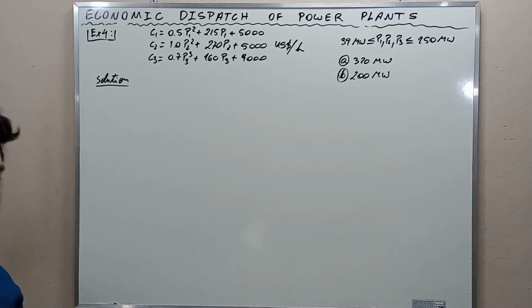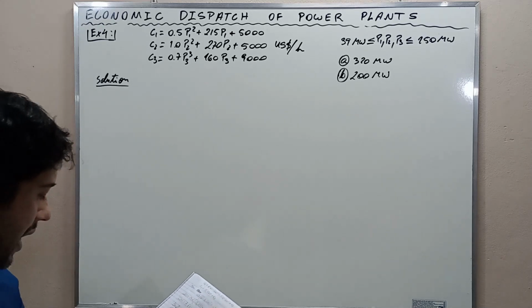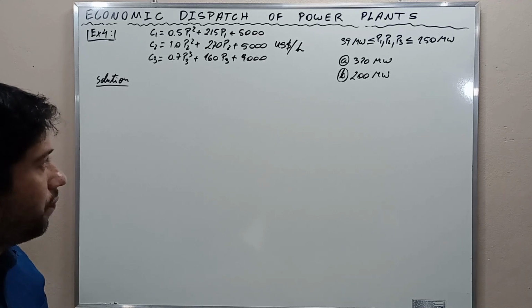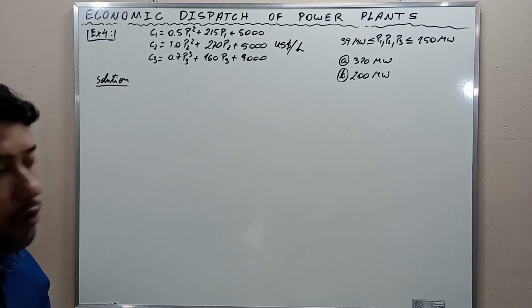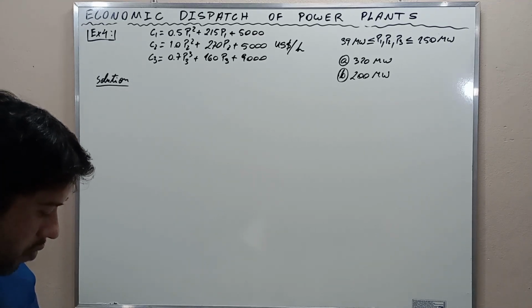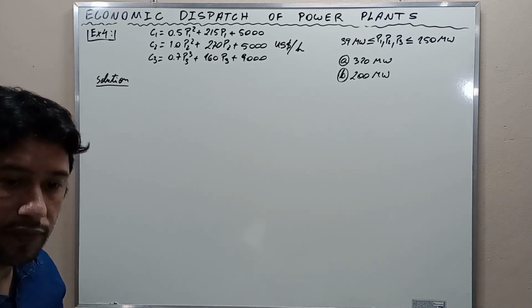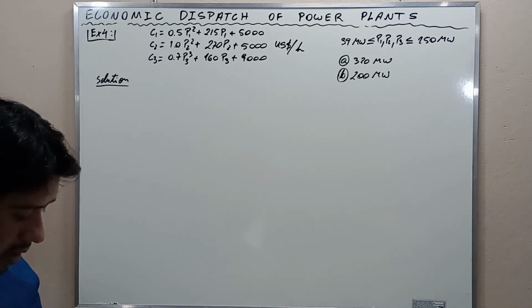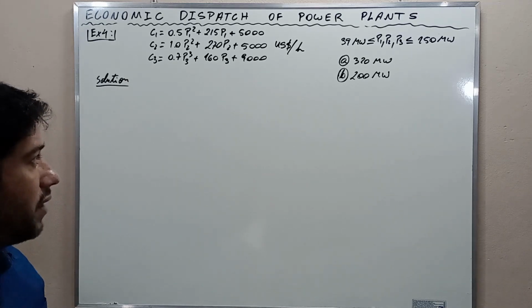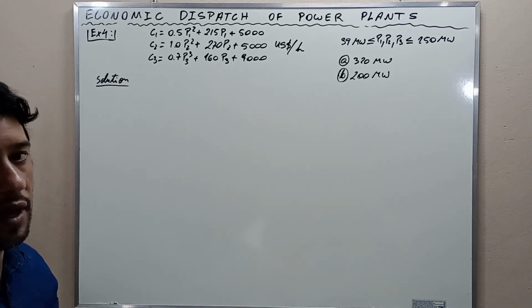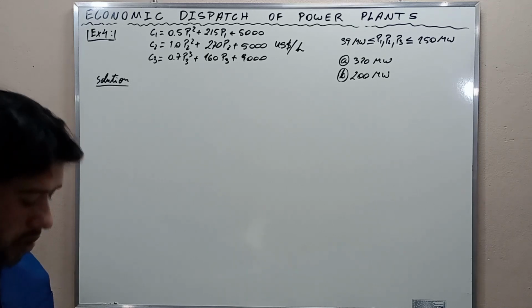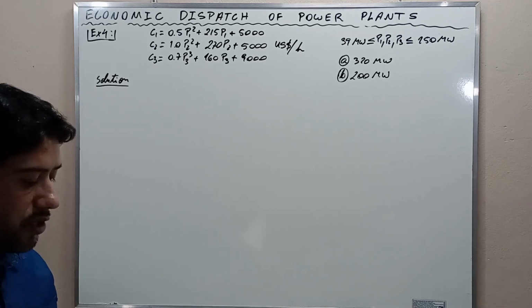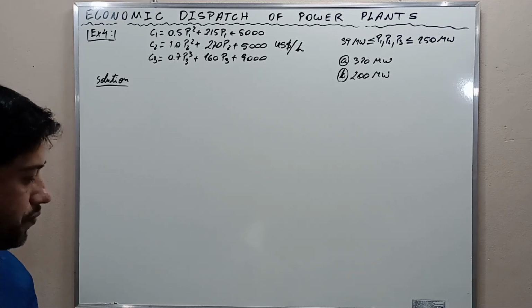If the maximum and minimum allowable loading on each unit are 150 megawatts and 39 megawatts, the question: find the economic dispatch schedule for a total load of letter A 320 megawatts and letter B 200 megawatts. Okay, my friends, that's the question. Let's go to the solution.